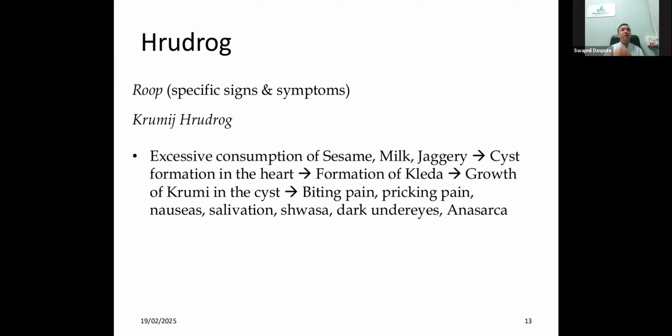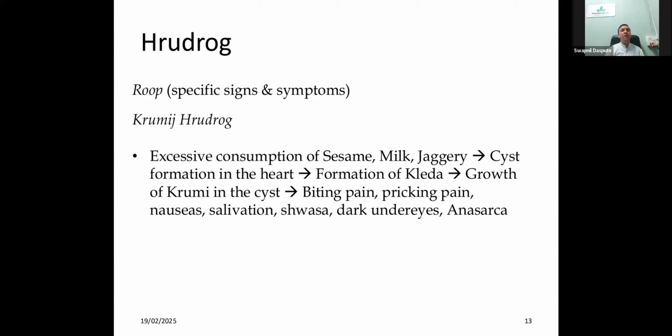When they are consumed in excess, they will lead to the formation of a cyst in the heart. A small cyst will be formed in the heart. Formation of kleda will happen in the cyst. Growth of krimi will happen in the cyst, due to the presence of kleda. Krimi is worms, right?